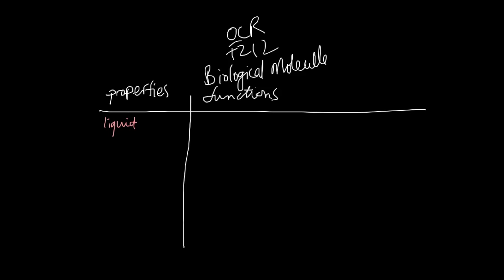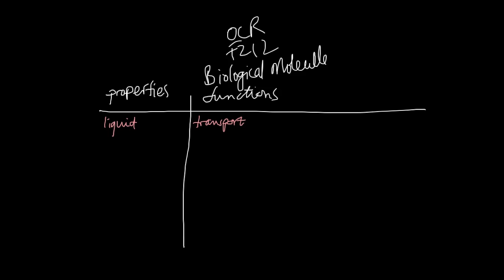So the first property of water that's very important is that it is a liquid. And what significance that has for biological organisms is that it provides a way for things to be transported between different parts of the organism.